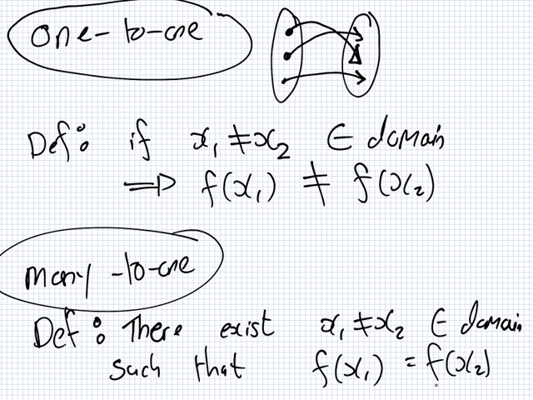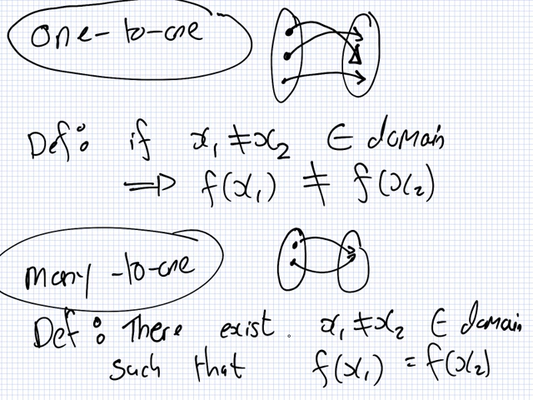Tangent, yes. x to the power 4. Yes. Power 6. Maybe even power 10. So many to 1, the graph would look like this: you have possibly two different values, but they get mapped to the same value.